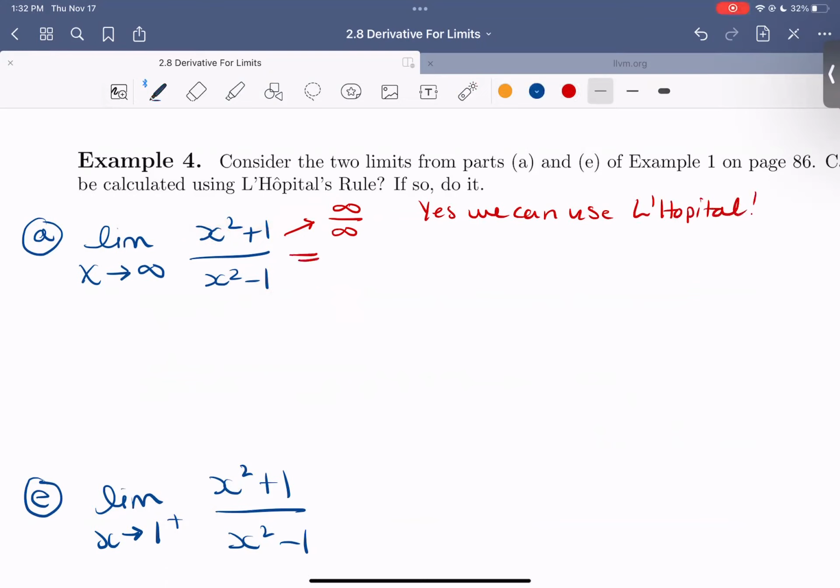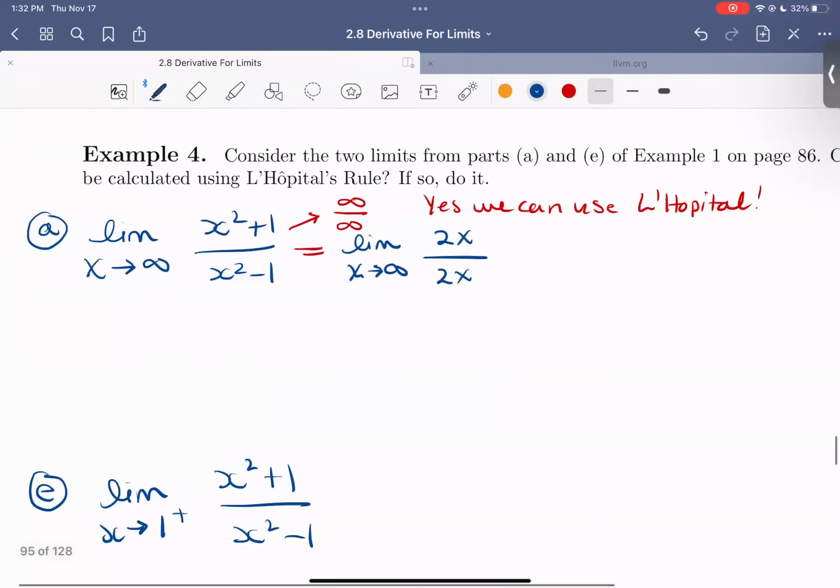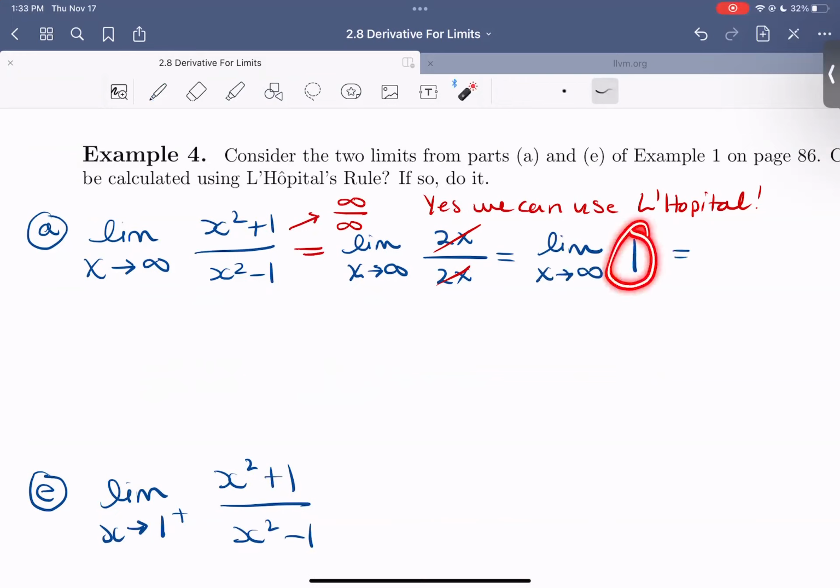That rule tells us this limit is equal to the limit as x goes to infinity of 2x plus 0 over 2x, which is 2x over 2x canceling out to become 1. There's no x to play around with, so that limit is just 1 itself.